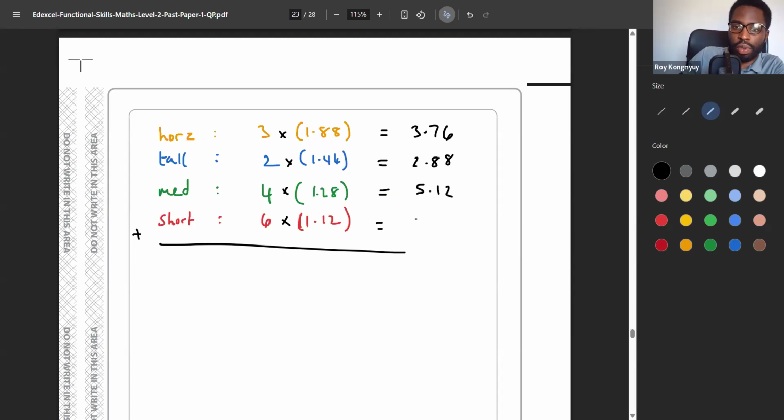This one is 6.72. If we add all of this up, we'll see. There we go. Here we go. That's 18 meters and 48 centimeters in total.